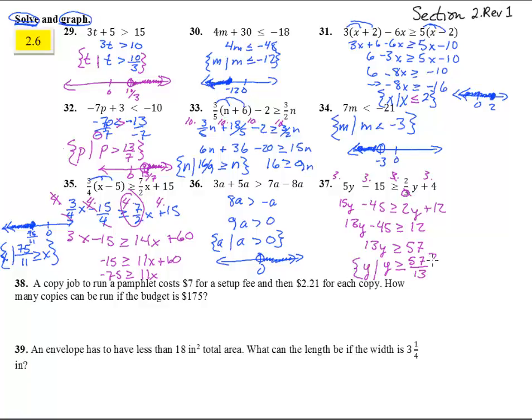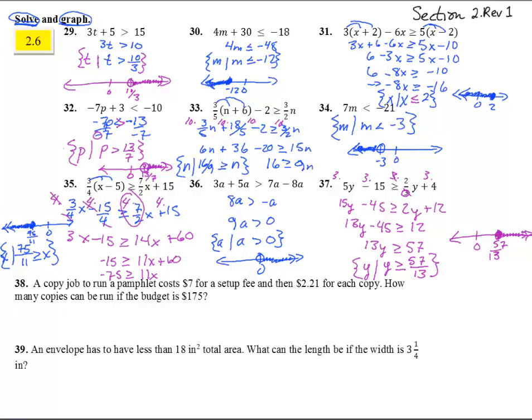And then as a graph, there's 0. There's 57/13. It looks like it's just a little bit bigger than 4. And circle, go this way. Do we fill in the circle? Yes, it's equal to, so we fill in that circle.